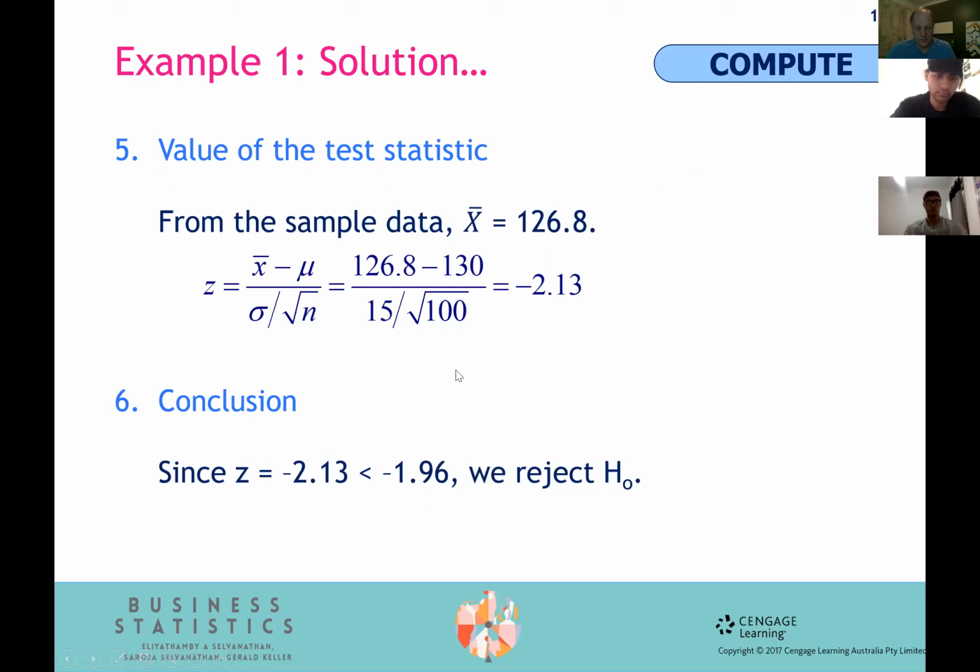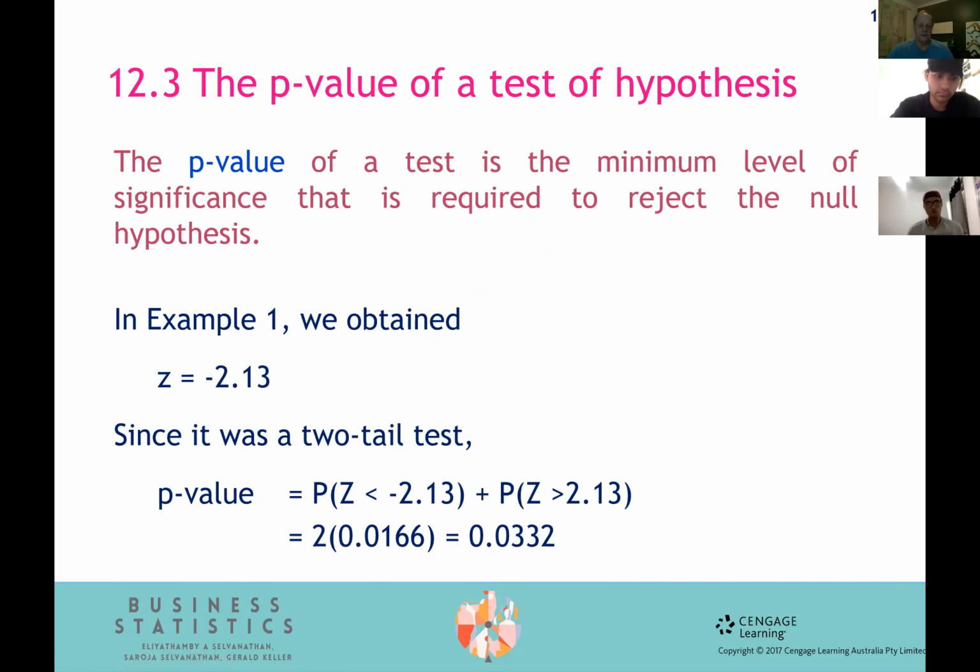We'll work through an example and hopefully you'll understand. The p-value of a test is the minimum level of significance. P-value is the probability. So what's the probability that we got that result given all the assumptions that we've made?